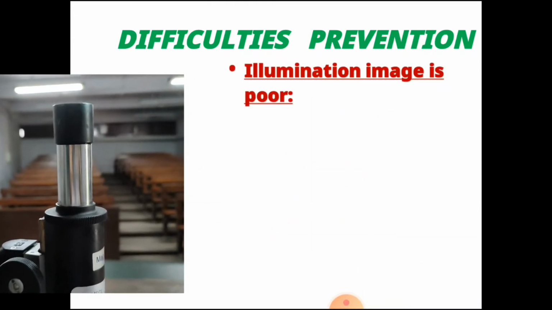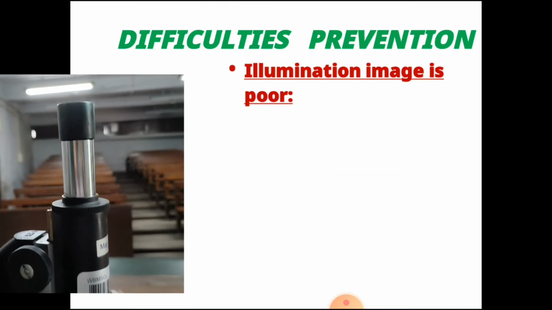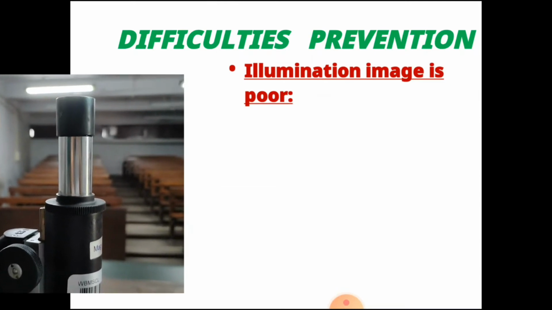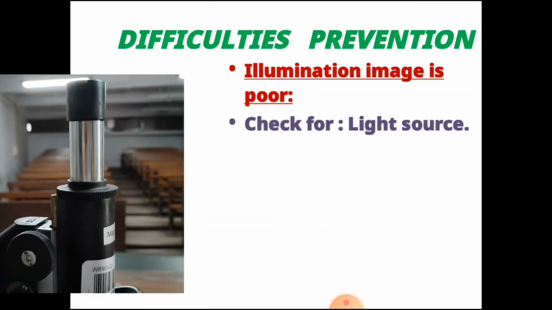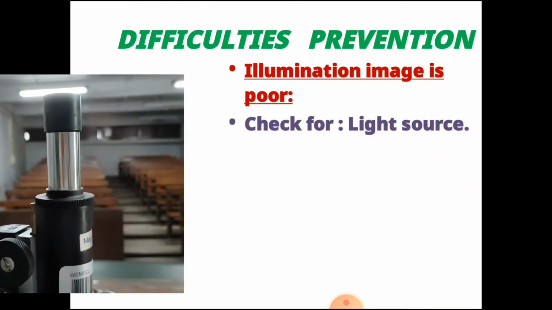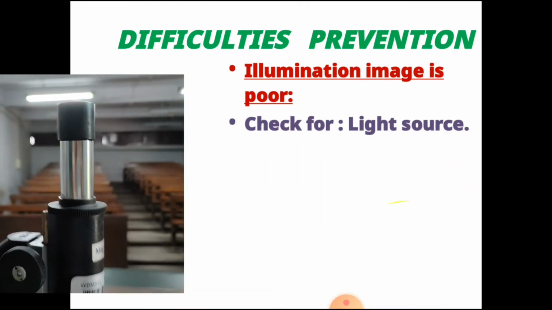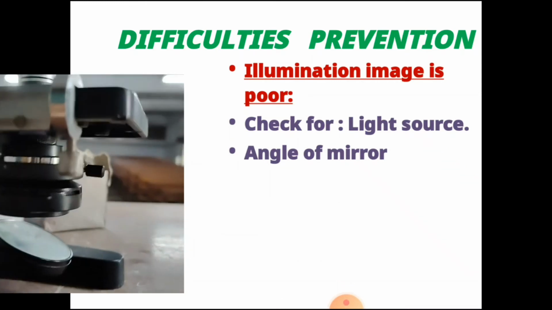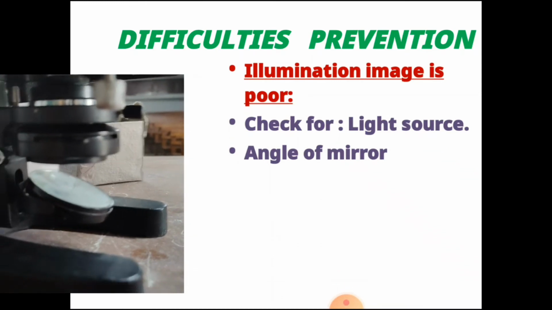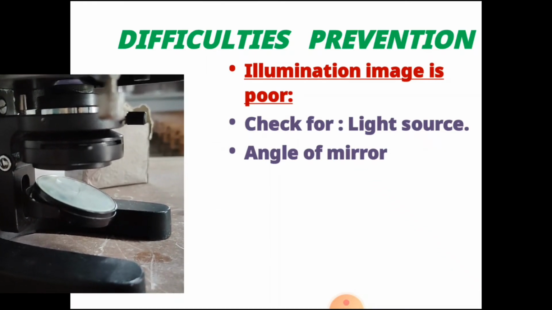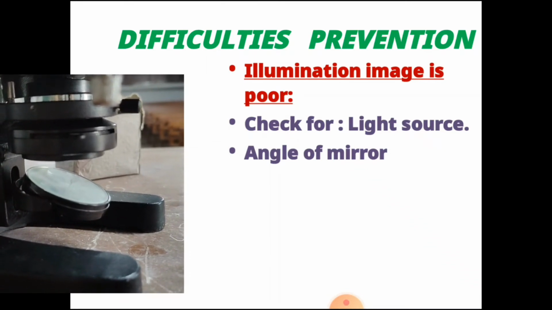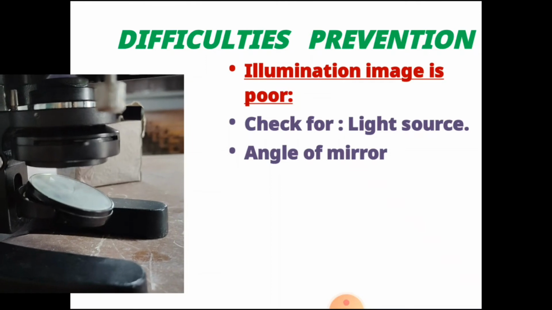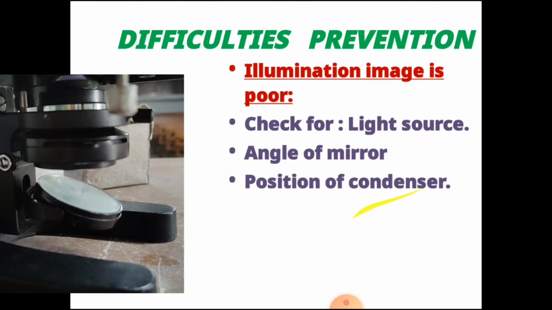Next one is the illumination image is poor. Check the light source, whether it is adequate or not. Check the angle of the mirror. Plane mirror is used in case of oil immersion lens, and concave mirror is used in case of low power and high power objective lens.